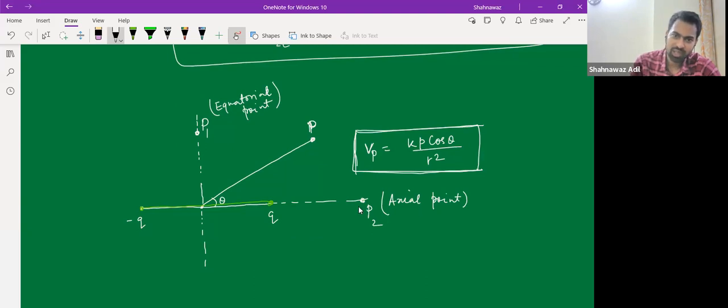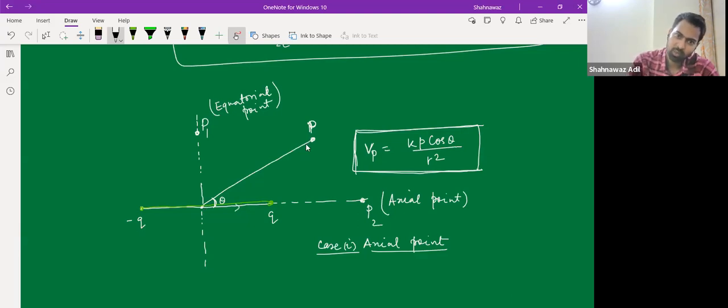Aisha, you tell me what would be theta for the axial point? I'm asking how much is the angle? Theta is this, and you are on this axial point. So this is the dipole moment direction, and this is the angle.